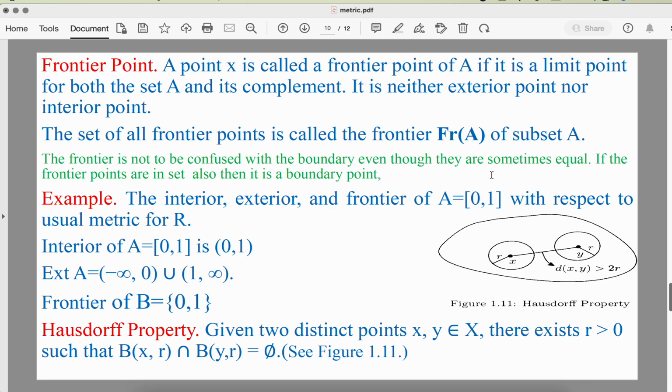Suppose we are given a closed interval AB. Then how will we calculate its interior, exterior and frontier with respect to the usual metric?